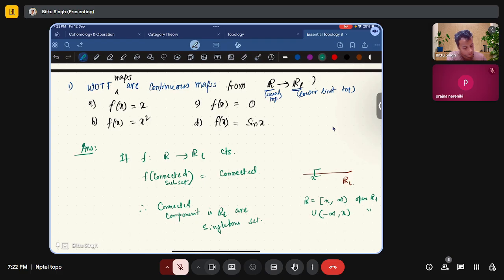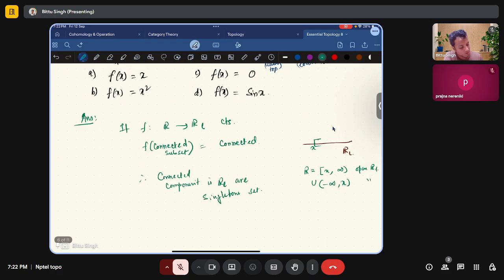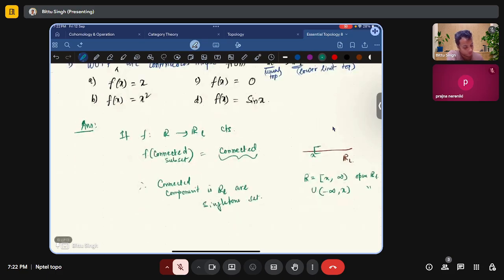So connected components being singleton sets means the image is a connected set. Since F is continuous, the image of a connected set R is connected, so the image should be connected. Therefore, it is clear F of R will be connected.